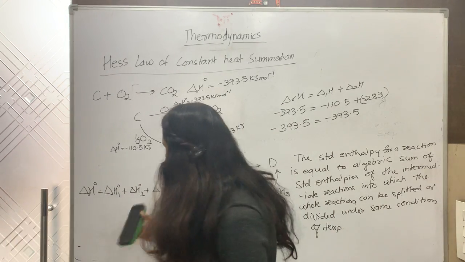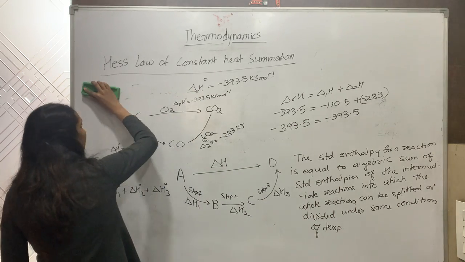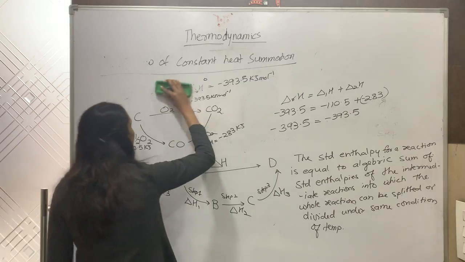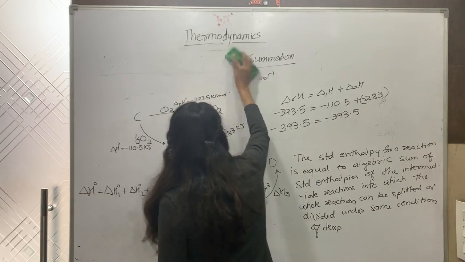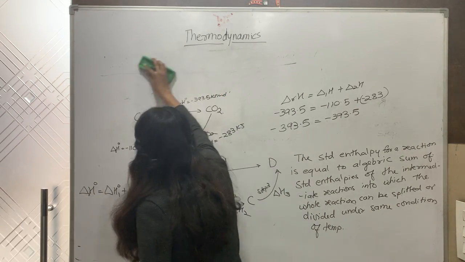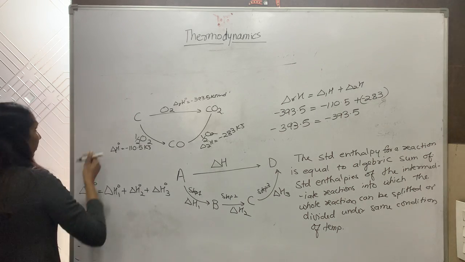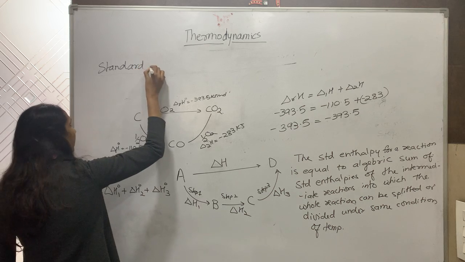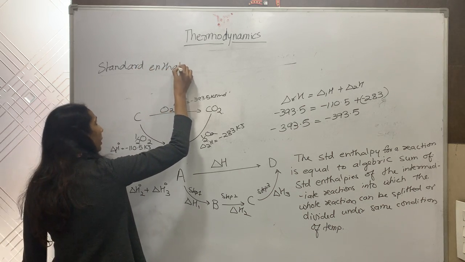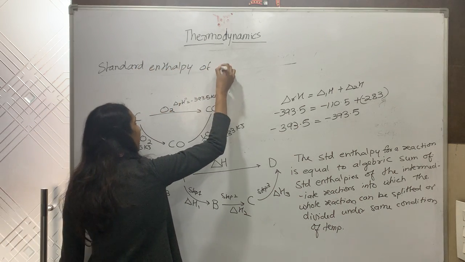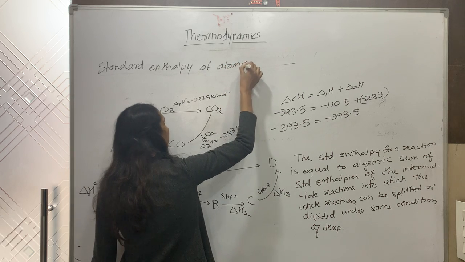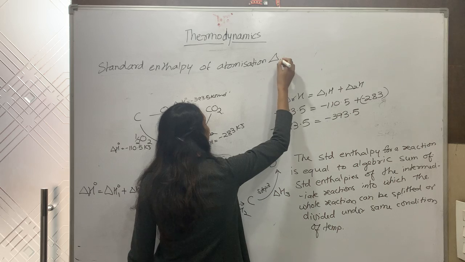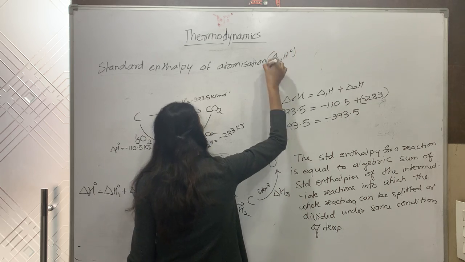Now we do with the next topic. We have done earlier two types of enthalpies, that is enthalpy of formation and enthalpy of combustion. Now we are going to do with standard enthalpy of atomization, delta AH naught.